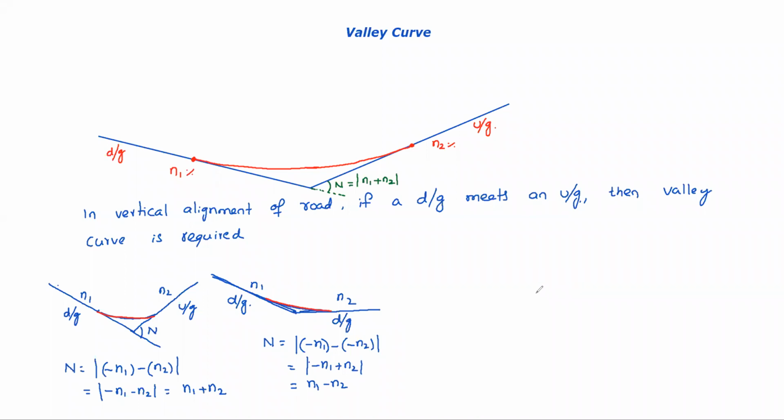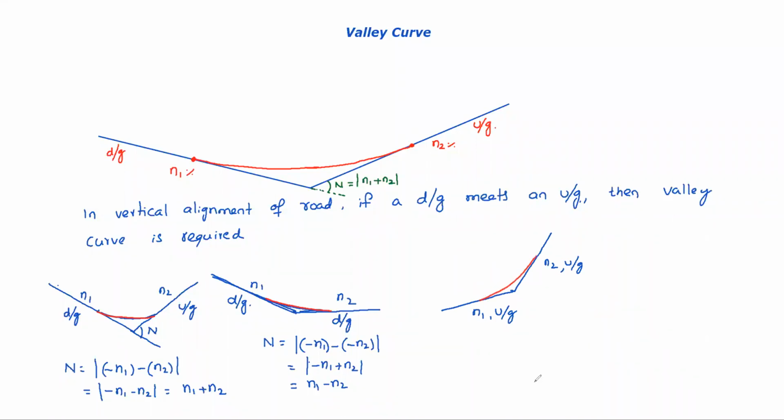Similarly, we can see another case also. Suppose mild upgradient meets with the steep upgradient. See, N1, N2, both are upgradients. Here also you need to provide valley curve.